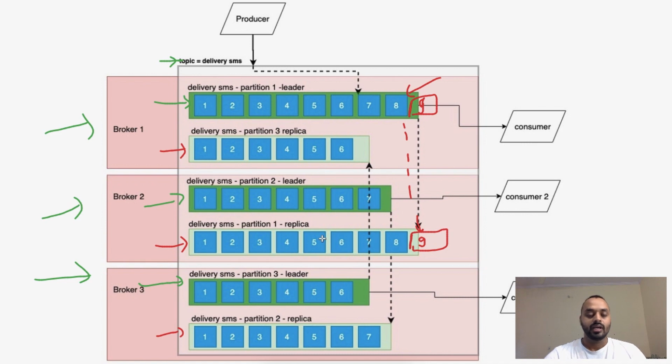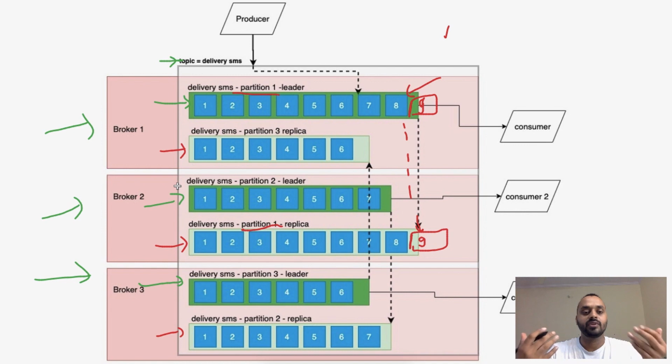Here we have a replication factor of 1, so we will have one replica per partition. This partition will have replica 1 here on broker 2. Kafka is intelligent enough to distribute these replicas over other brokers if possible.